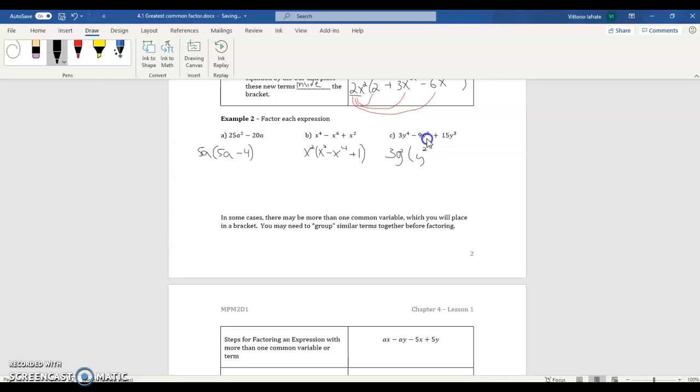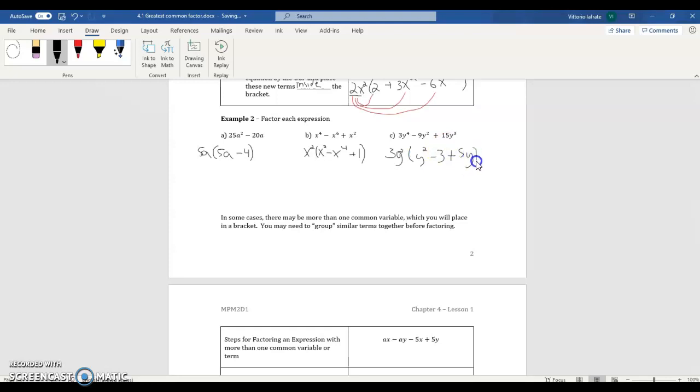Minus 9y squared divided by 3y squared is minus 3. And then 15y cubed divided by 3y squared is plus 5y.